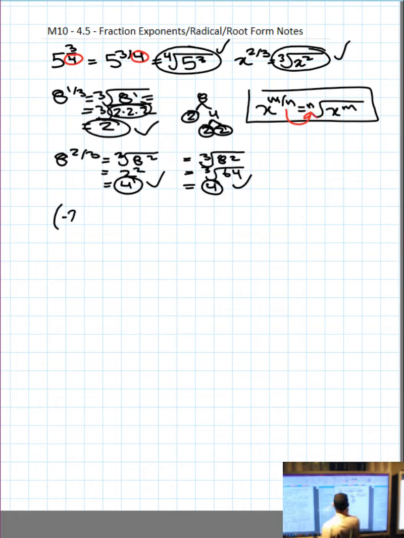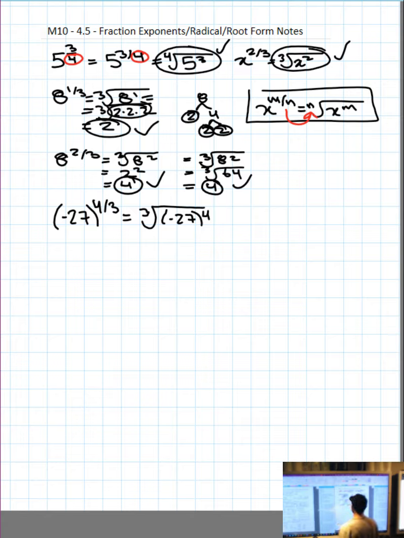So we have negative 27 to the 4/3. Okay, well, the bottom becomes the root, but we have to put the negative 27 on the inside with brackets. Careful with that. So now we want to do the cube root of negative 27 first.